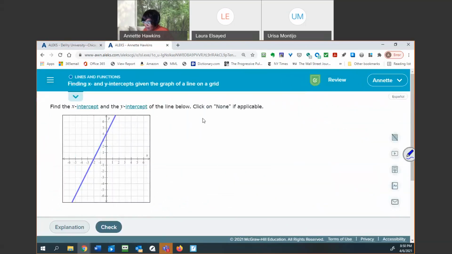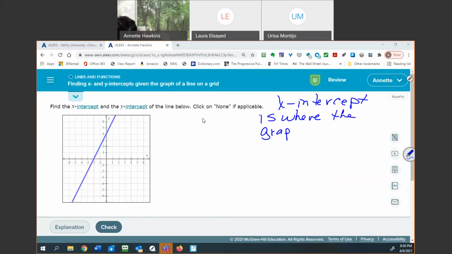All right, the x-intercept is where the graph crosses the x-axis.